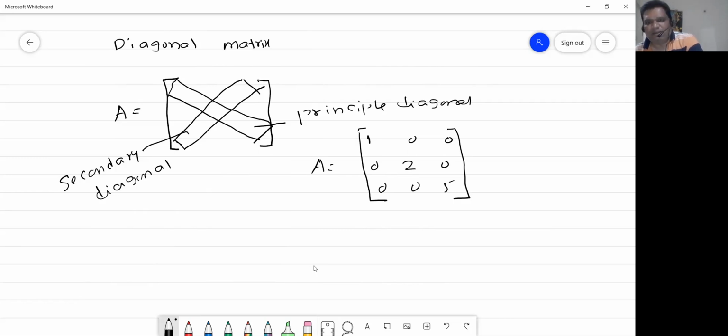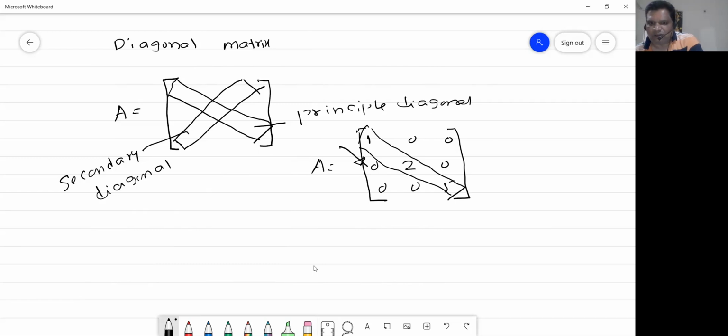A line extending from the left topmost to the right bottommost is called the principal diagonal. The direction is in this direction.